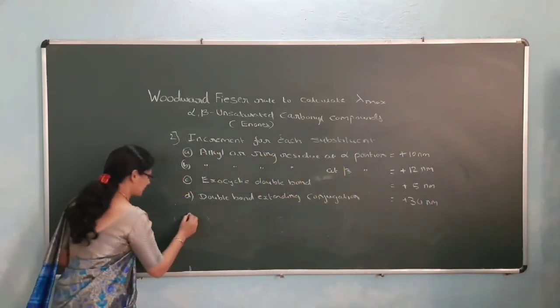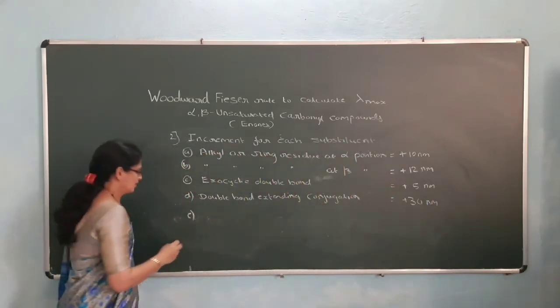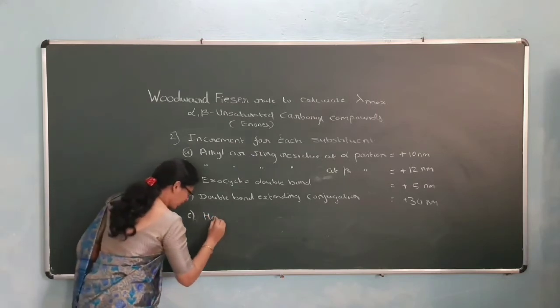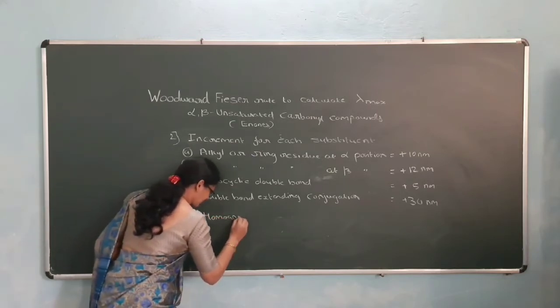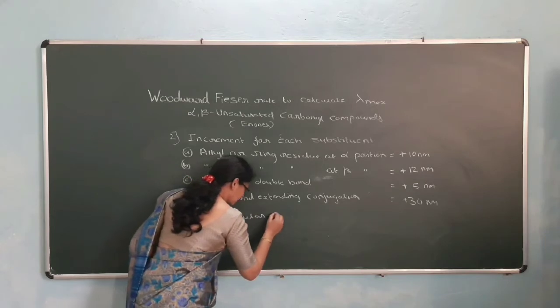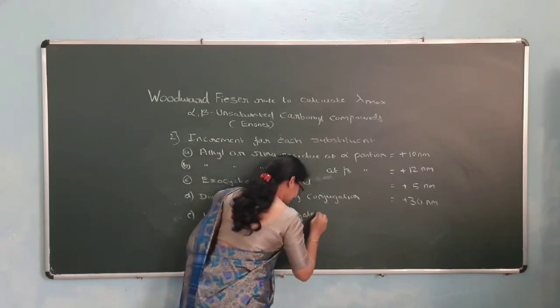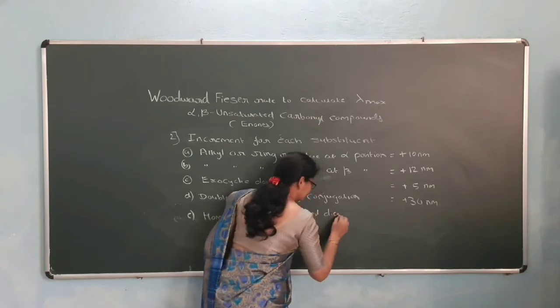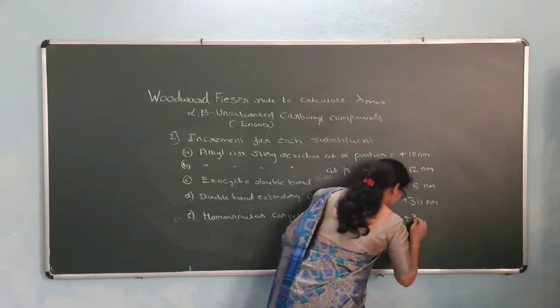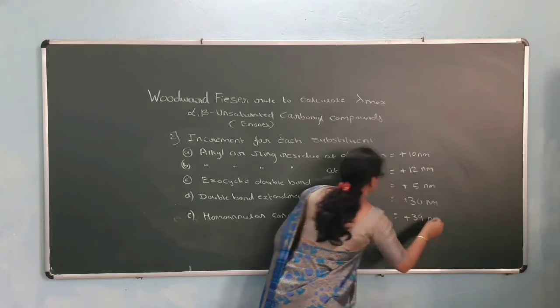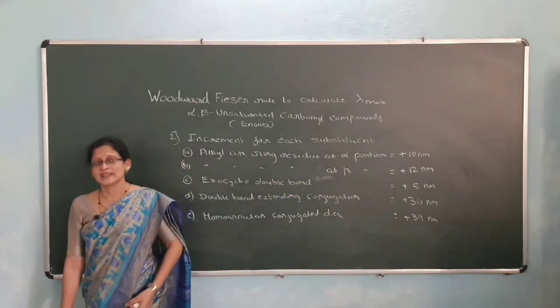Next, the fifth one, a homoannular conjugated diene, is plus 39 nanometer. So this is the first, you check for the basic value.